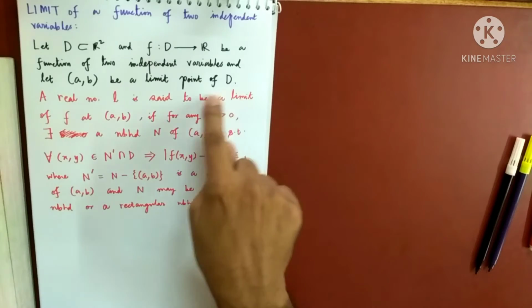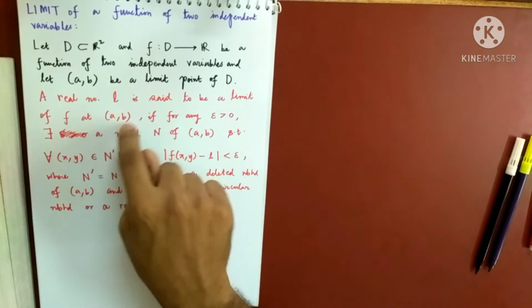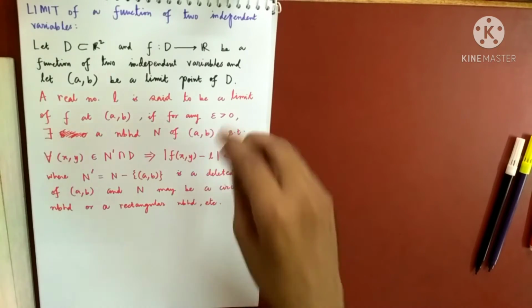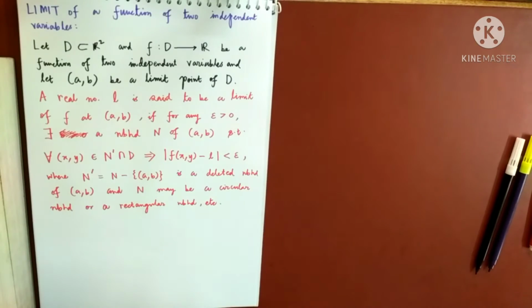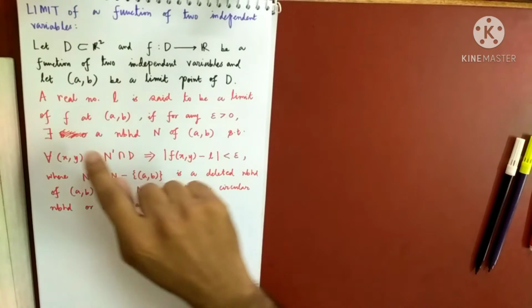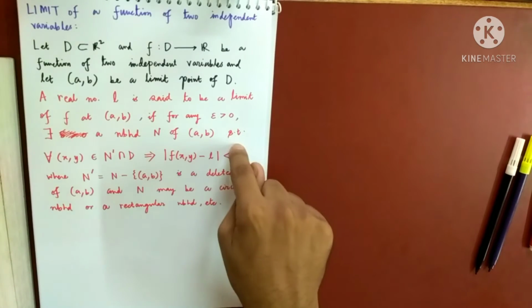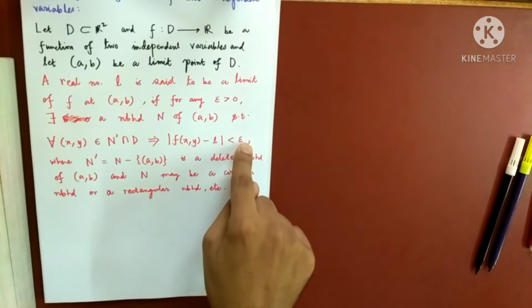You choose any epsilon greater than 0, you can find a neighborhood of this point. You know what I mean by a neighborhood. It can be a circular neighborhood: you can draw a circle around a, b and the interior part is a circular neighborhood. So there will exist a neighborhood N of a, b such that this condition is satisfied.